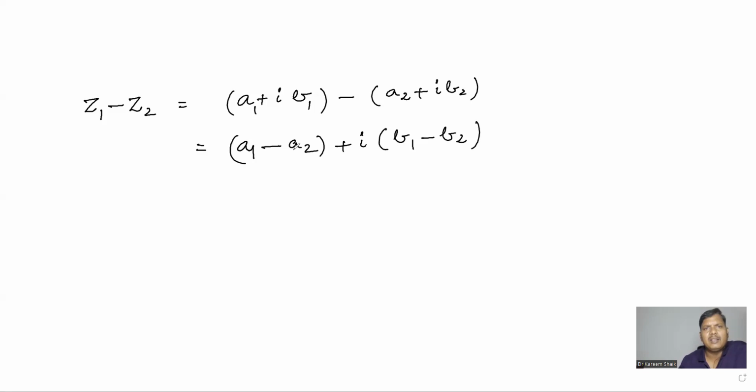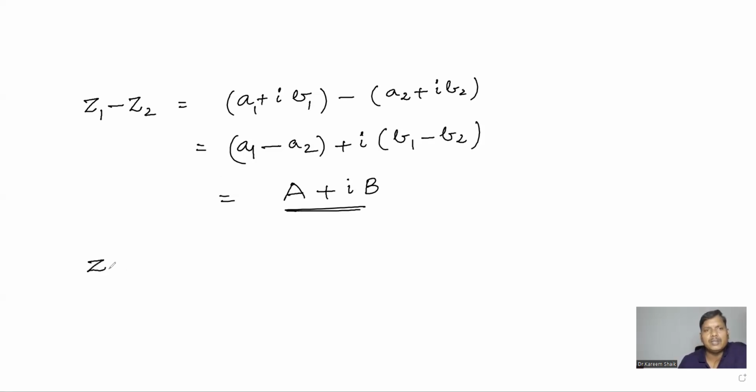Observe in the same pattern. The difference of two real numbers is a real number. Here also a real number. Suppose I write it as A plus iota B, where capital A indicates A1 minus A2 and capital B indicates B1 minus B2. So now also you got it in the form of a complex number. So we can understand the difference of two complex numbers is also a complex number.